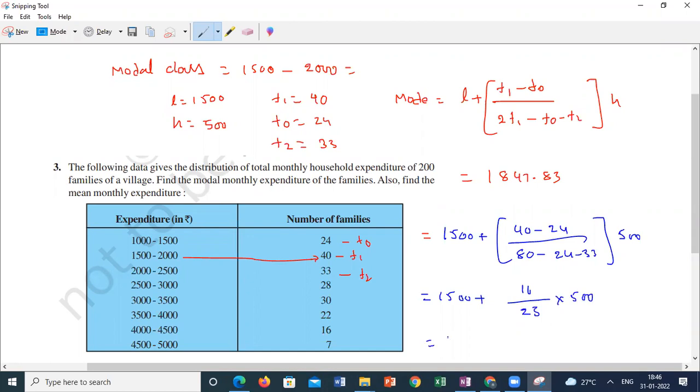This will be 1500 plus 8000 divided by 23. 8000 divided by 23 is approximately 347. So this is coming 347.82. So 1847.83 approximately is the right answer.